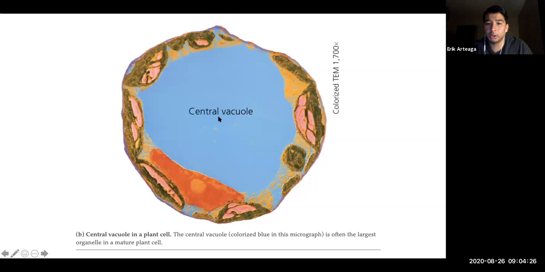So the central vacuole in a plant cell, colored in blue in this micrograph, is often the largest organelle in a mature plant cell. This is going to contribute to how rigid that plant is and how well that plant is able to stay upright, especially if it's not like a tree, which has the phloem and xylem that are really sturdy, or wood associated with it, right?